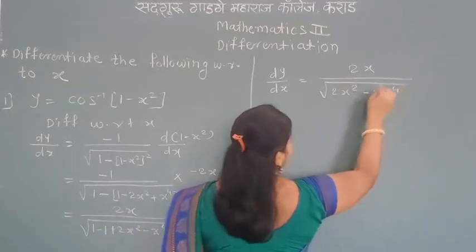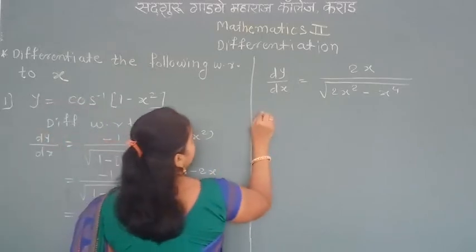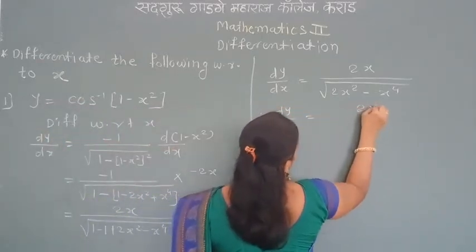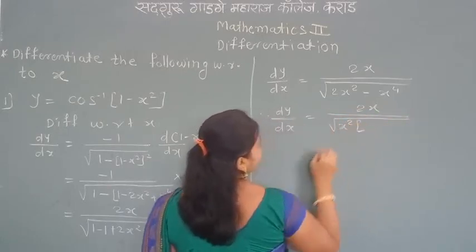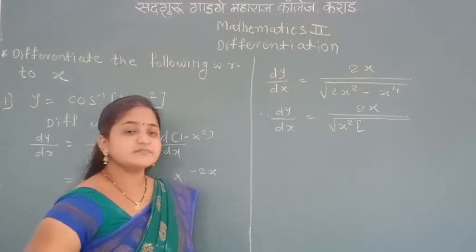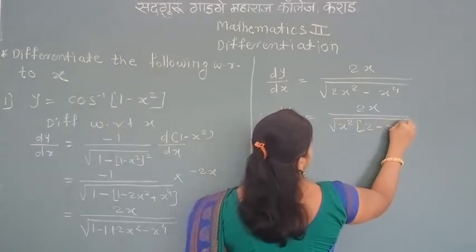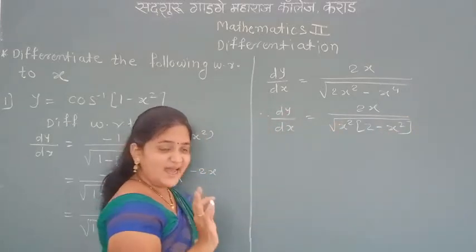raised to 4. In this term, x square is common, take it outside. So we get dy by dx is equal to 2x as it is, divided by square root of x square taken outside, and inside the bracket 2 minus x square. Now the square root of x square is only x.